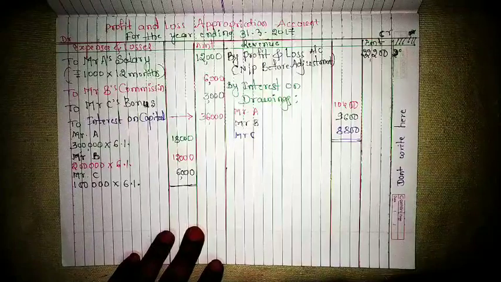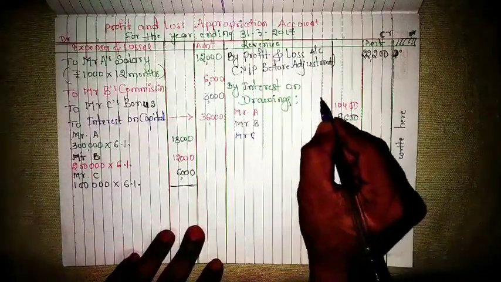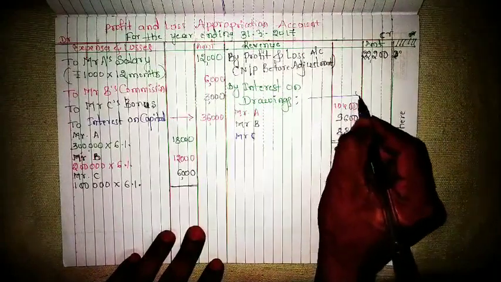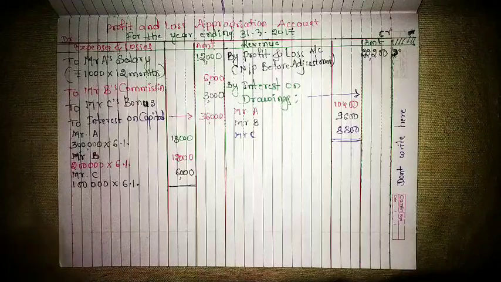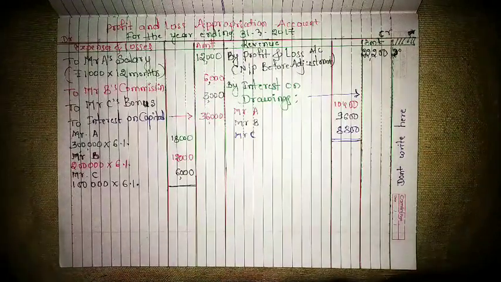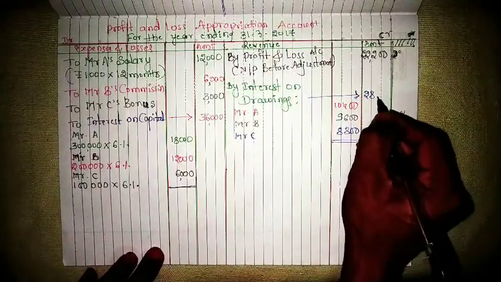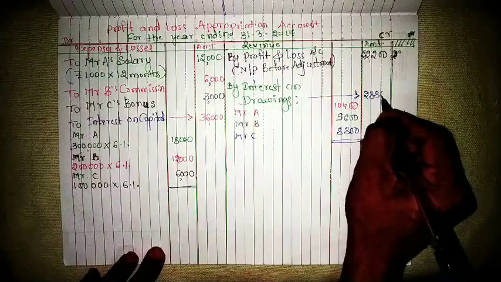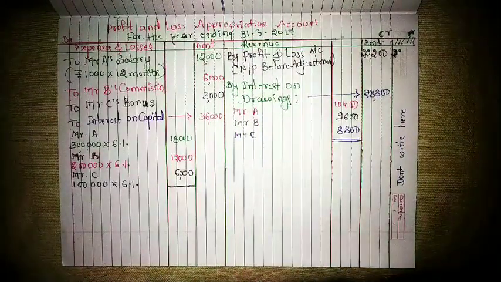Draw the two lines. Take the calculator, total it. 10,400 plus 9,600 plus 8,800. The total is 28,800. Right here. Completed.